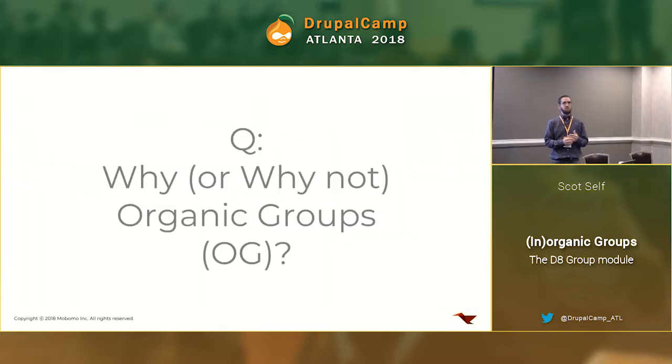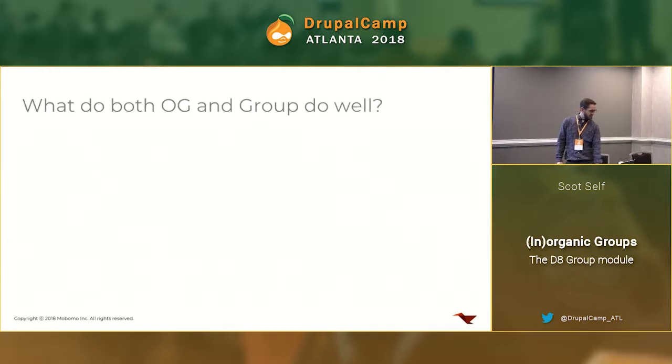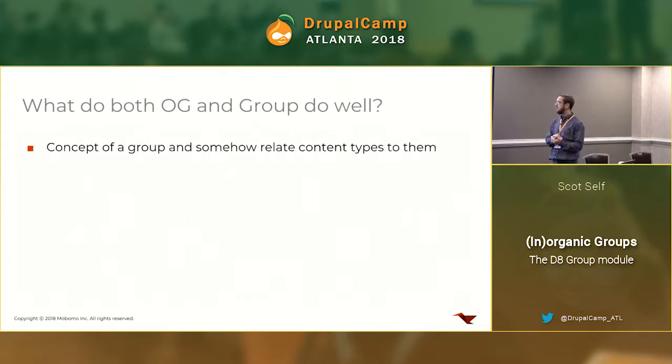So the central question would be, why or why not organic groups? Do we have specific reasons to use one or the other here? So both modules do several things at their core really well. They have the concept of a group, obviously, and you have related content types. So you can say that pages are group content, or have content types that are only available to groups to manage and create.